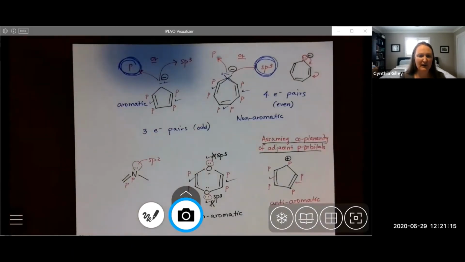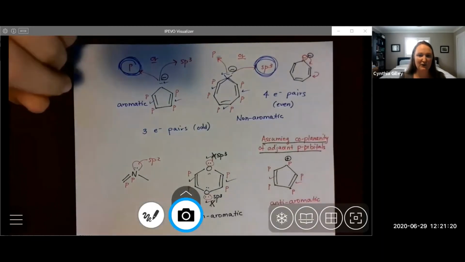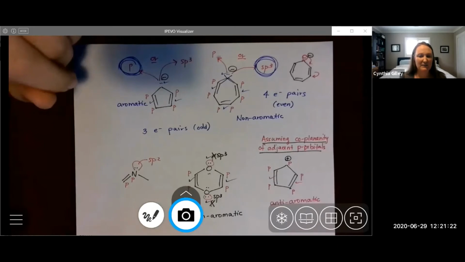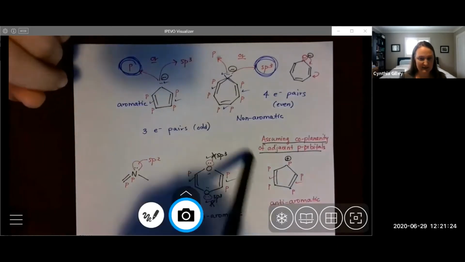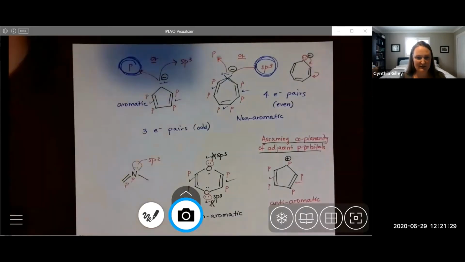But it's hard to know whether this one is going to adopt a different conformation or not. How do I know? So that's why we just make this assumption. That way it makes it easier to assign.